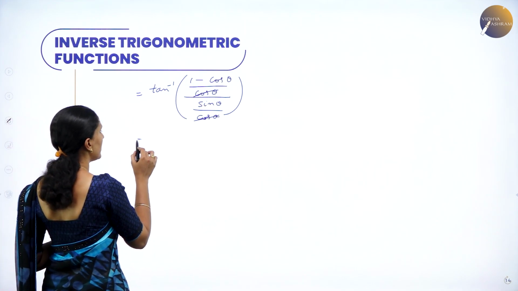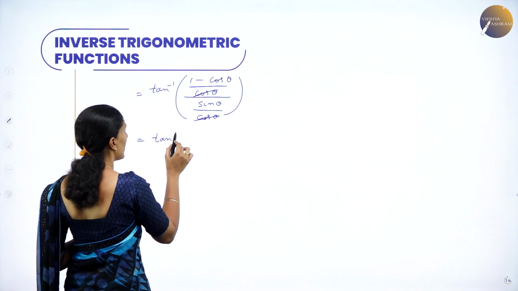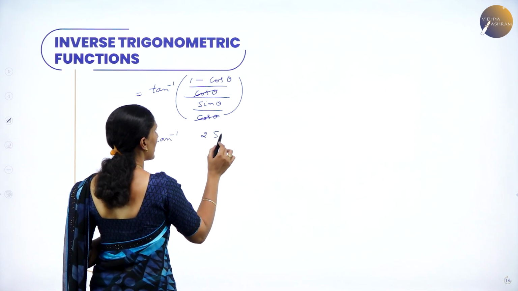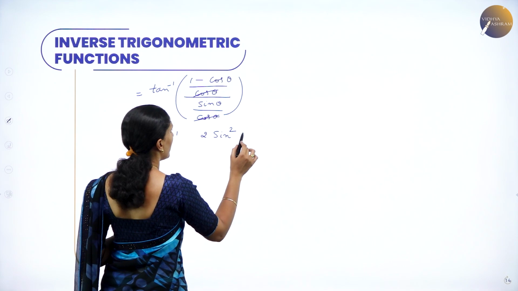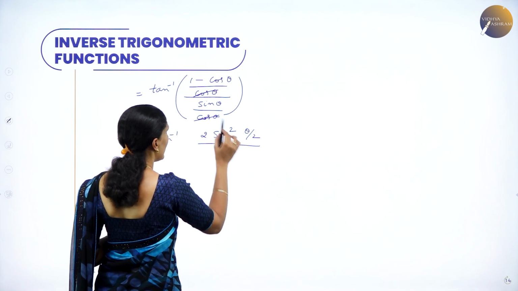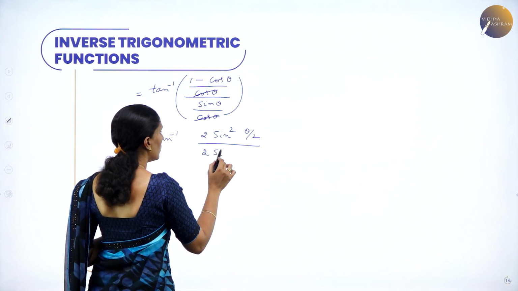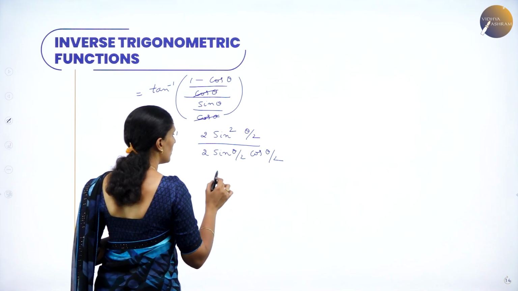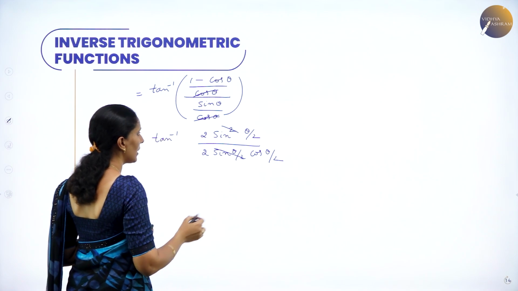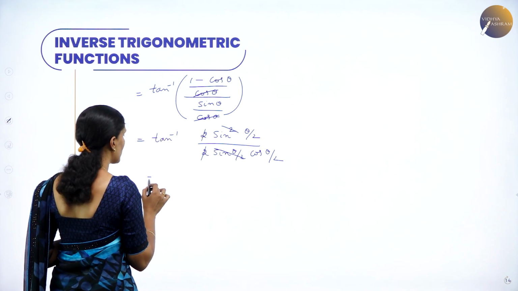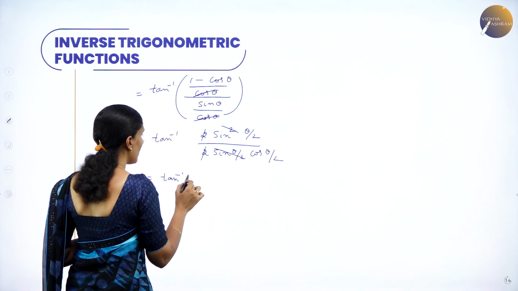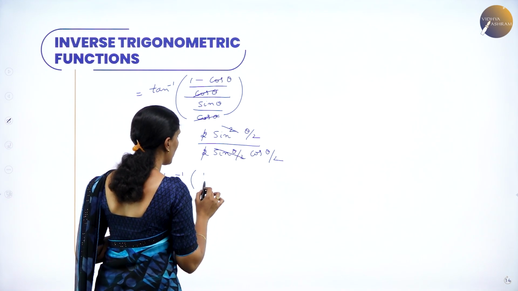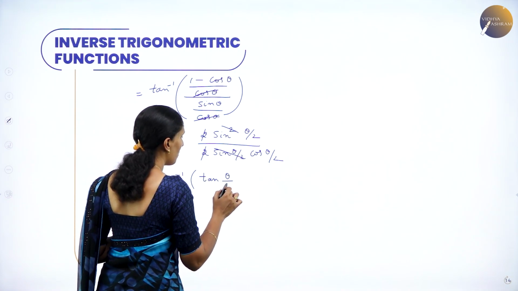1 minus cos theta can be written as 2 sin square theta by 2, and sin theta can be written as 2 sin theta by 2 cos theta by 2. One sine gets cancelled, 2 gets cancelled. We are left with tan inverse of sin by cos, which becomes tan theta by 2.